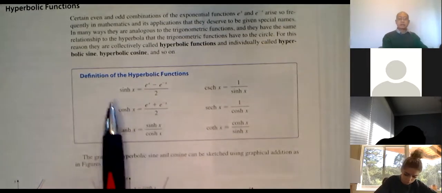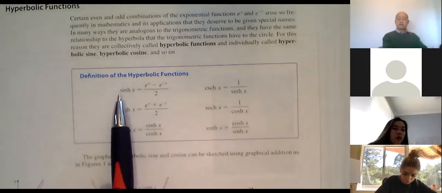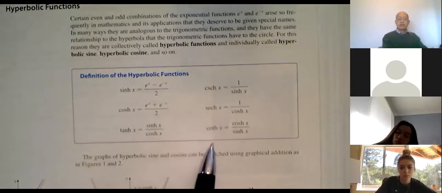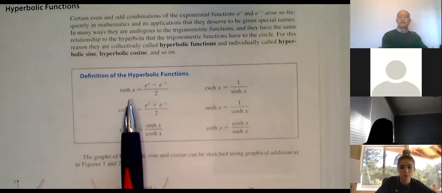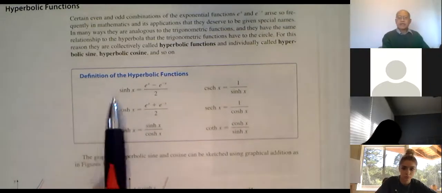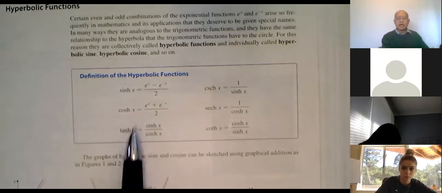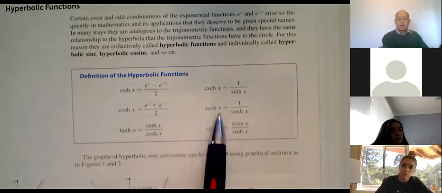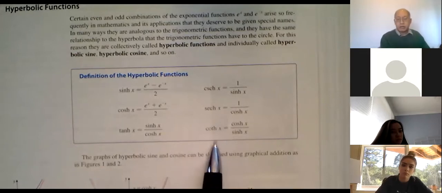That's exactly what it is. Notice it's the same six trig functions, but there's an H, which stands for hyperbolic. So very technically, this is hyperbolic sine, hyperbolic cosine, hyperbolic tangent, hyperbolic cosecant, hyperbolic secant, hyperbolic cotangent.